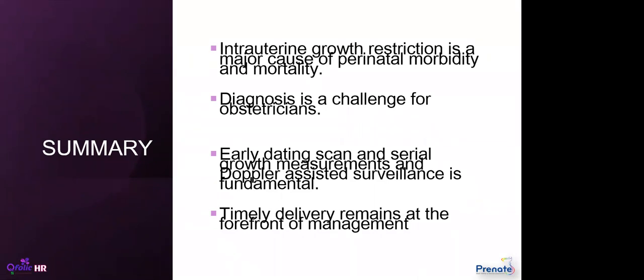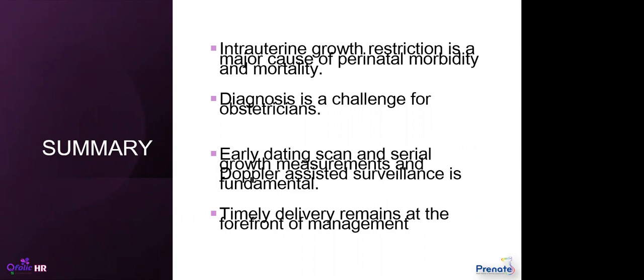If we suspect fetal growth restriction by taking the history of the mother, we should follow these women regularly by doing regular growth measurements, and Doppler vessel surveillance is fundamental. Timely delivery remains at the forefront of management.